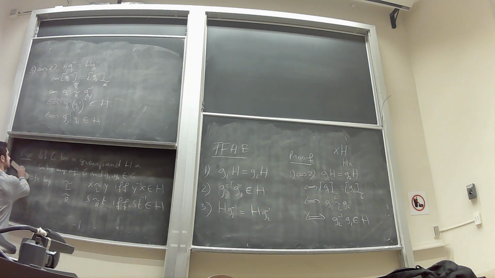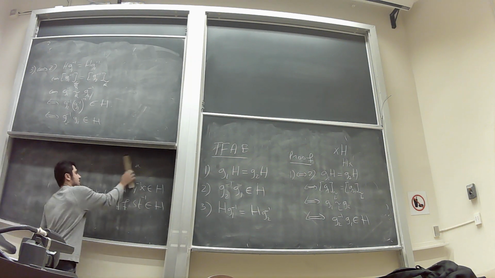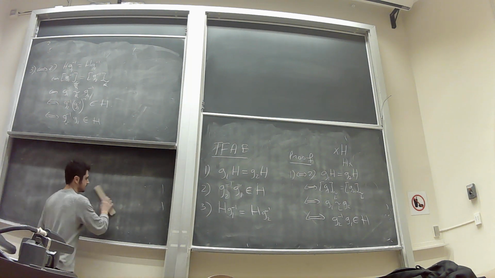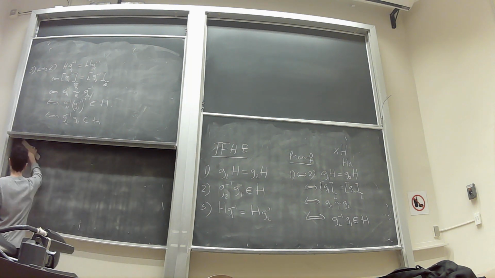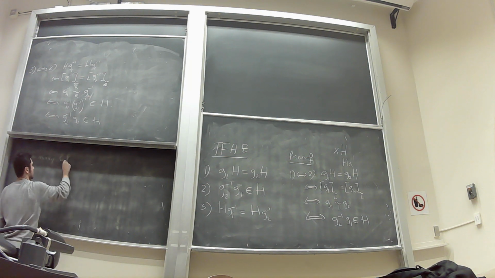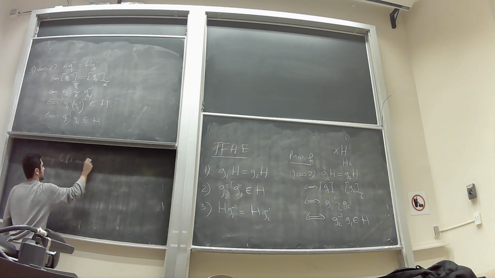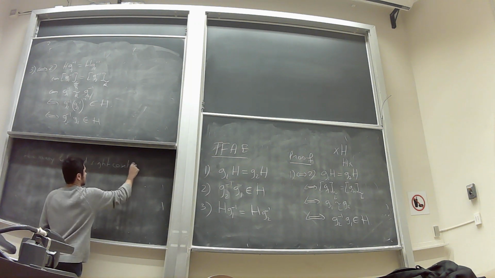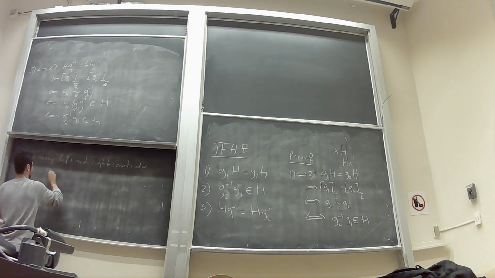Now, why am I doing this? Well, the question is: how many left and right cosets do we have?